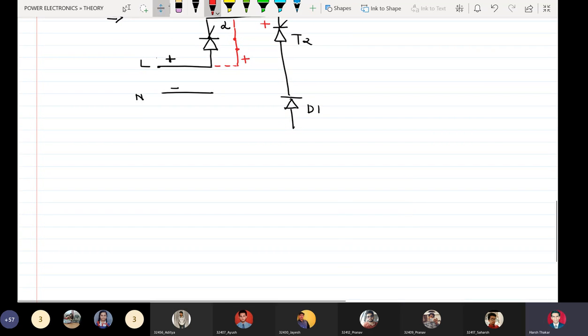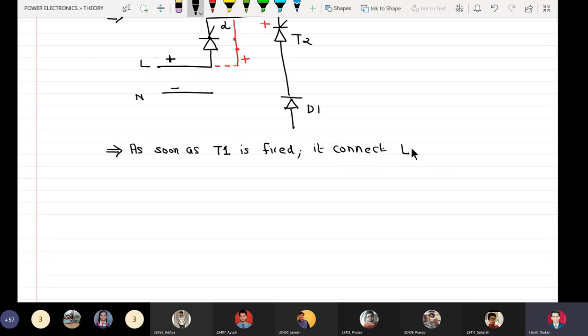Okay, so we can write here: as soon as T1 is fired, it connects the live, that is positive terminal, to the cathode of T2, thereby commutating it.